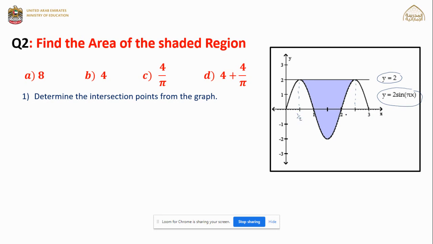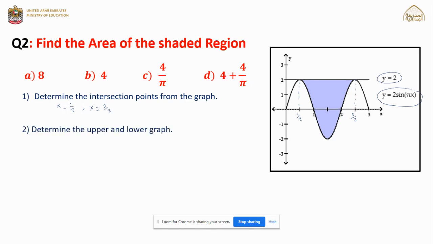And the second one, between 2 and 3, is 5/2 or 2.5. So my region is between 1/2 and 5/2. x equals 1/2, and the second one, x equals 5/2.